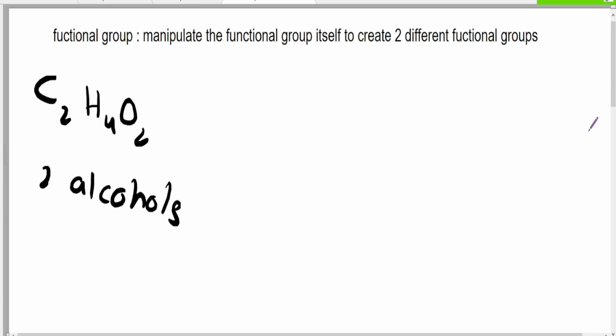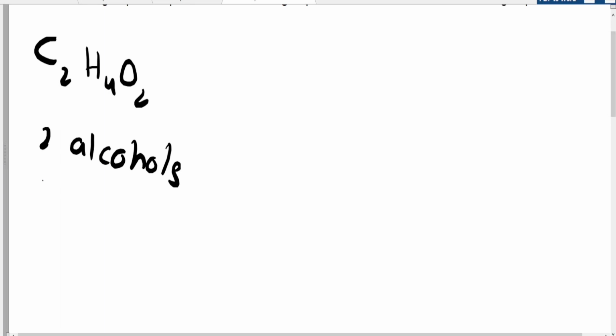Two alcohols, and then I can have, let's say, two ketones. Can I have two ketones? No, I cannot have two ketones because there is no carbon right here. What I can have is an aldehyde. Can I have an aldehyde?